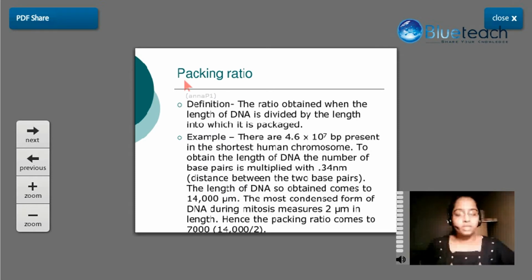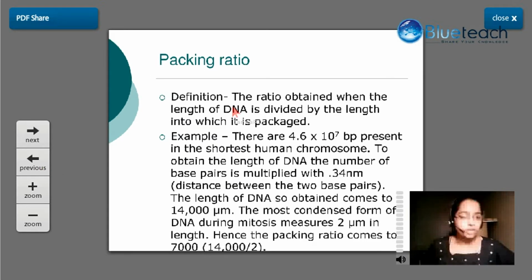In this slide I tried to give the definition of the packing ratio: the ratio obtained when the length of the DNA is divided by the length into which it is packaged. As an example, I have explained the shortest human chromosome. There are 4.6 into 10 to the power 7 base pairs present in it.